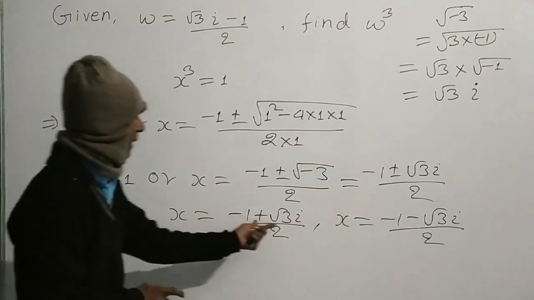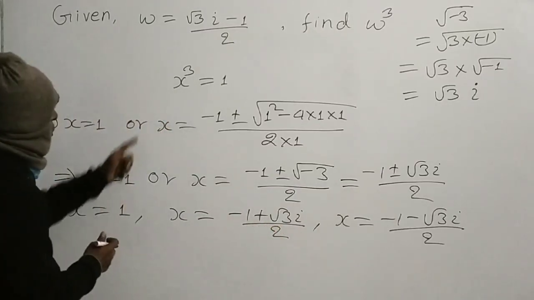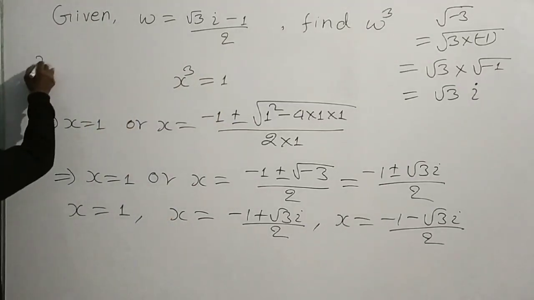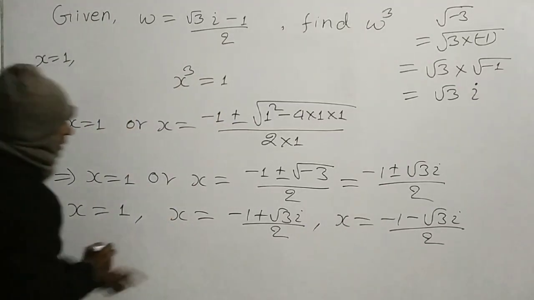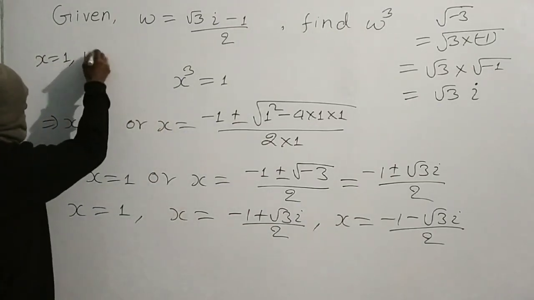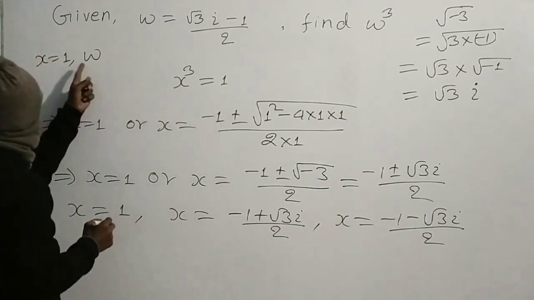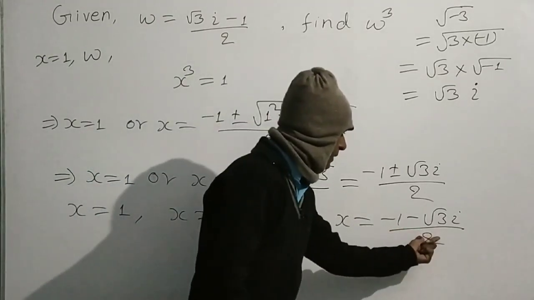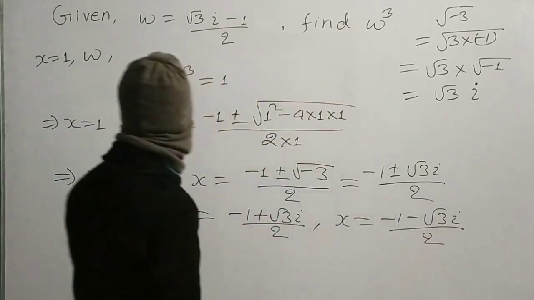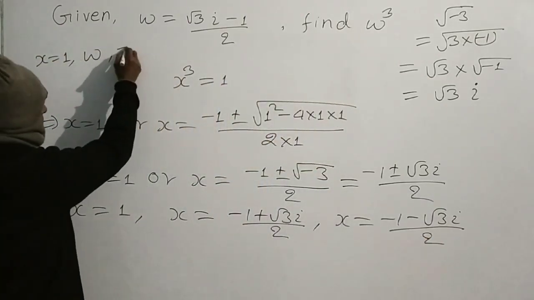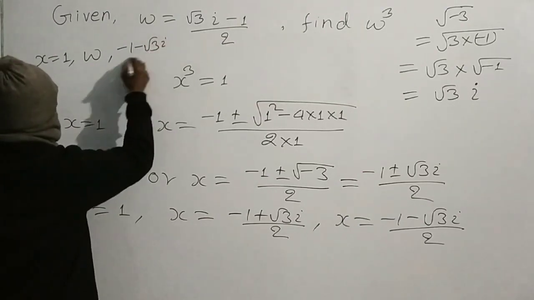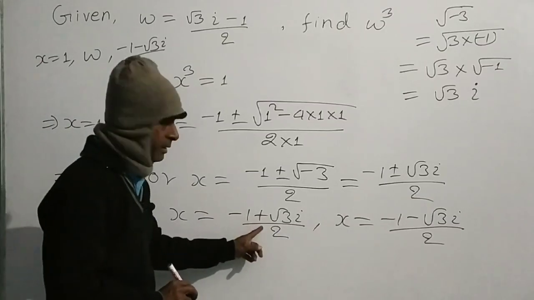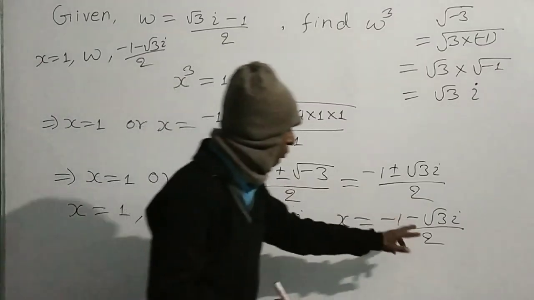That means the solution of this equation is omega. And one more solution is this, minus 1 minus root 3i by 2. When we square this, then this becomes equal to this.